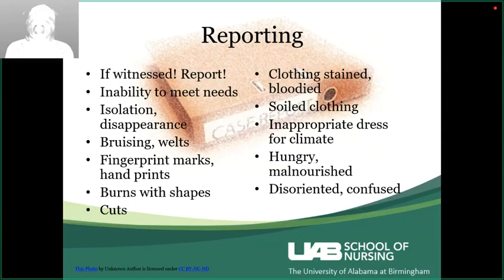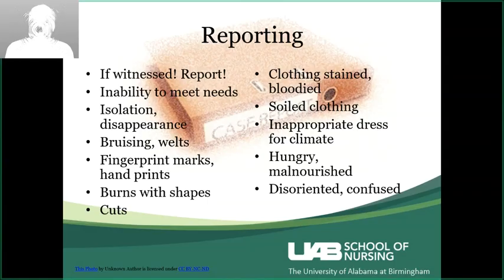So if you witness a life-threatening event in your role today, whether it's a senior or an adult with disabilities, you dial 911. You contact the local adult protective services, and you make sure that the essentials are addressed.